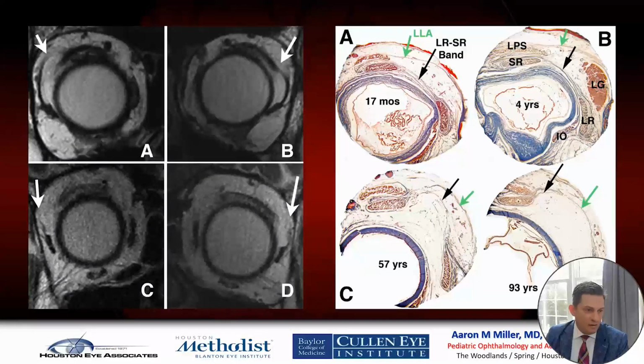On the left side, the arrows are pointing to both the left and the right orbits. You can see the arrows are pointing to this connective tissue from the lateral rectus towards the superior rectus. We call this classically the LR-SR band.